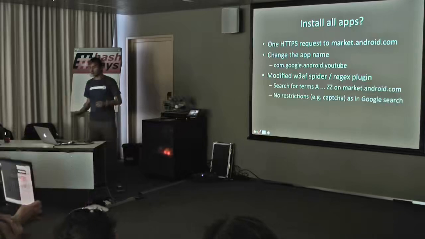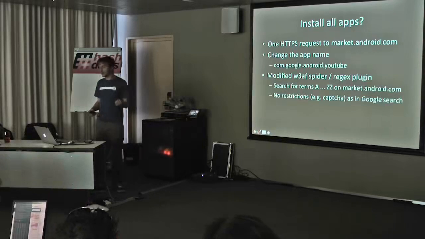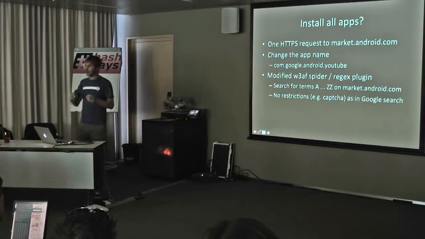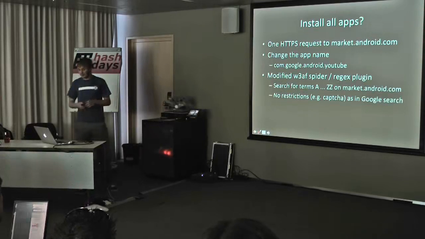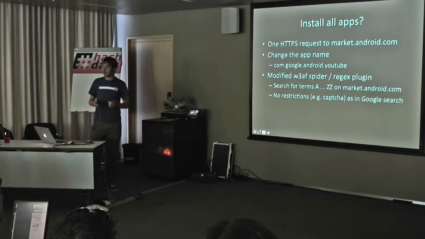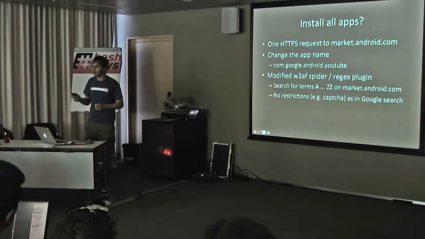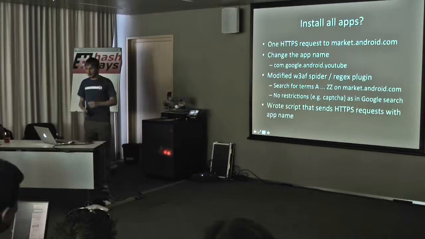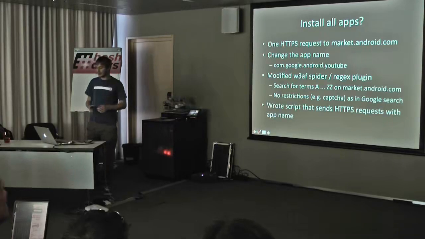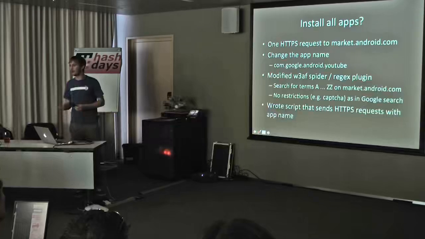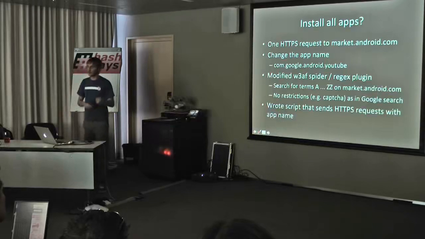I told the crawler to go to the Google Market website, search for terms A to ZZ, and write out all the app names that are displayed. There were actually no restrictions at all, so you can do as many searches on the Google Market website as you want. And in the end, I wrote a script that sent this HTTPS request, takes the app names from the file and sends it to Google.